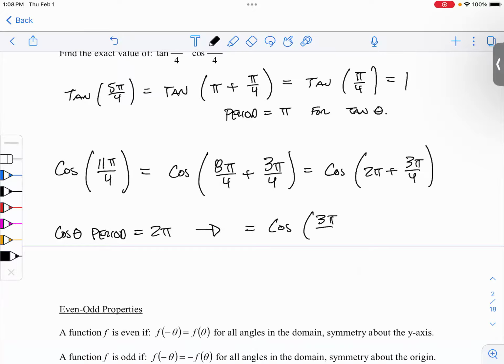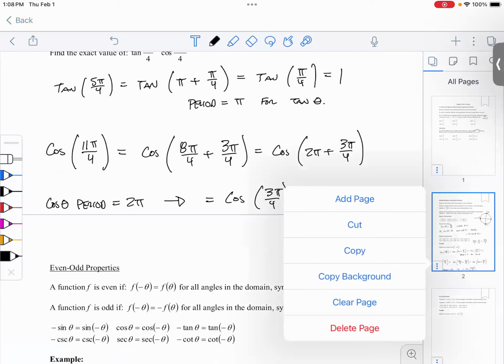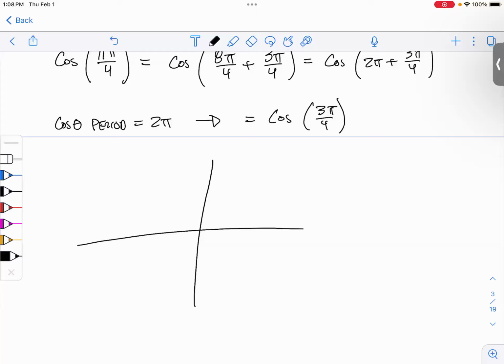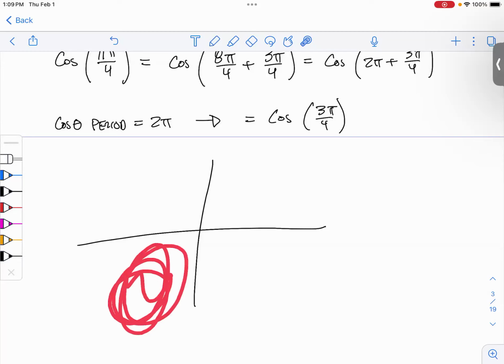And where is 3 pi over 4? In what quadrant? The third quadrant. Third quadrant is down here. Is that 3/4 rotation around the Cartesian plane? It would be the second quadrant.